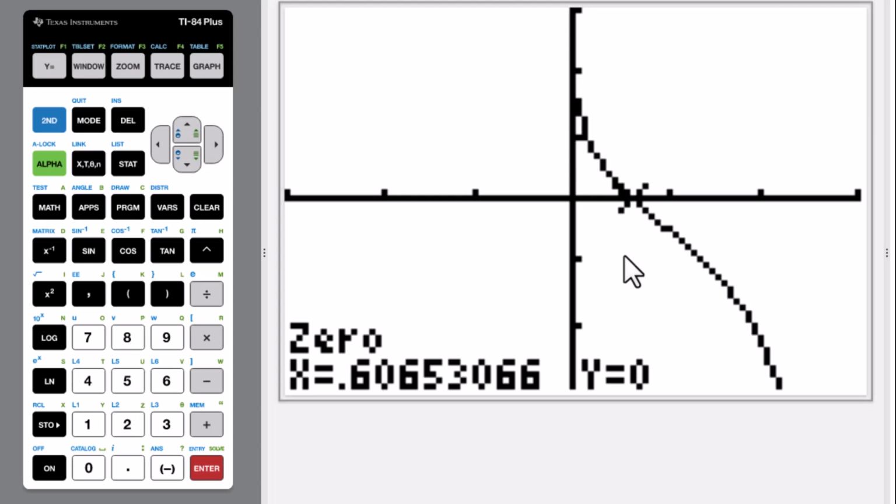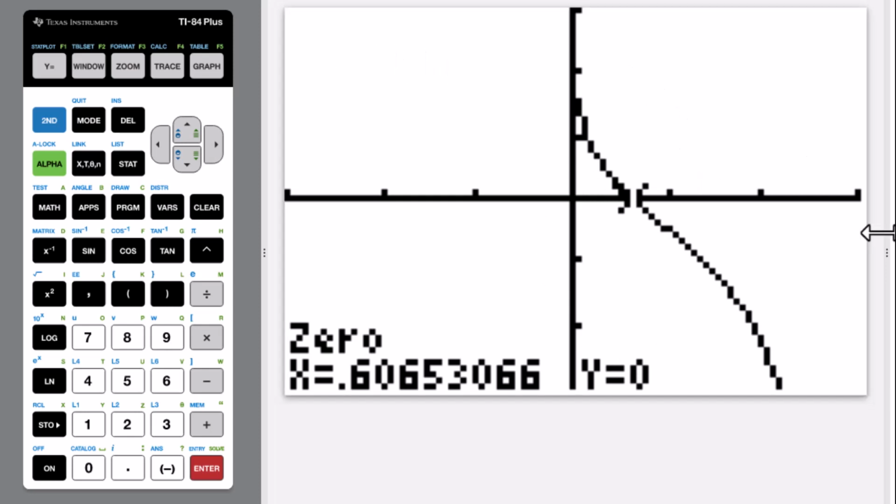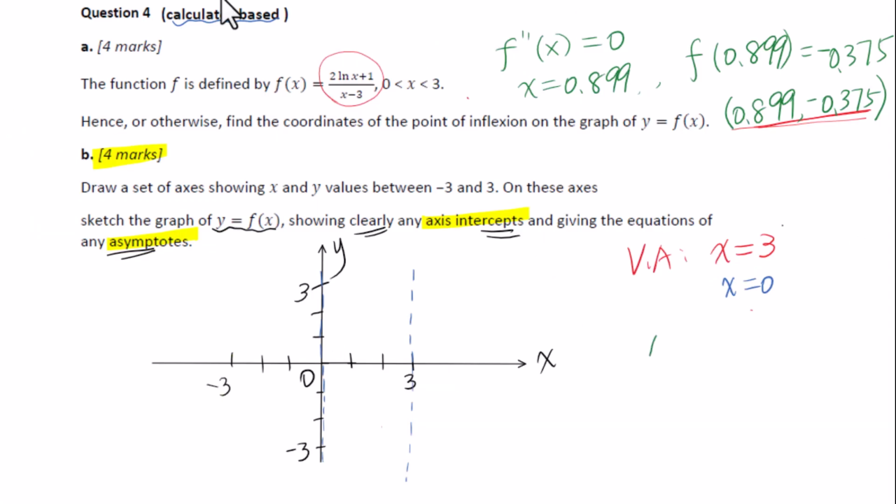When you sketch the graph, since the window is given, make sure your graph is in this window. X-intercept is 0.607, estimate over here. The point of inflection is 0.899, negative 0.375, we estimate over here.